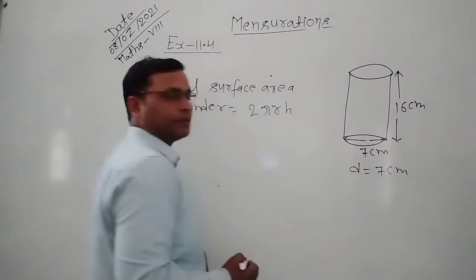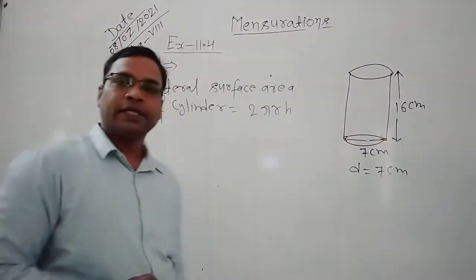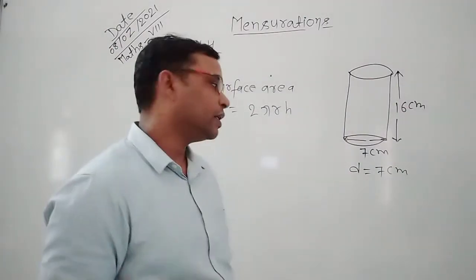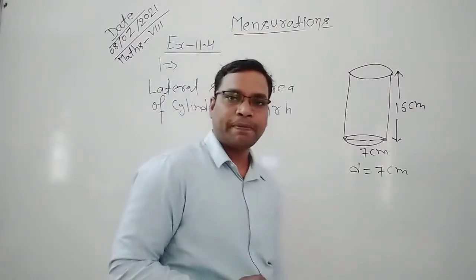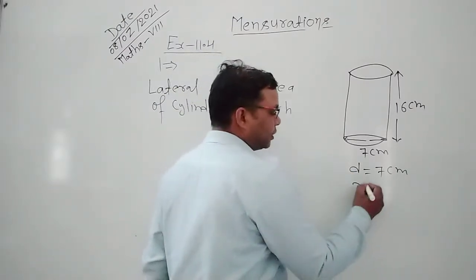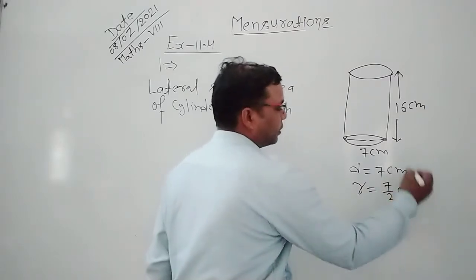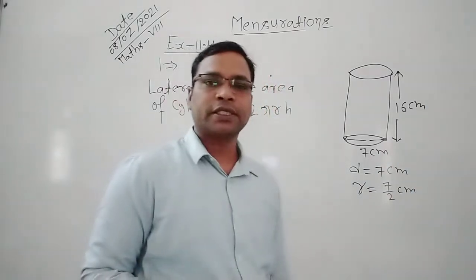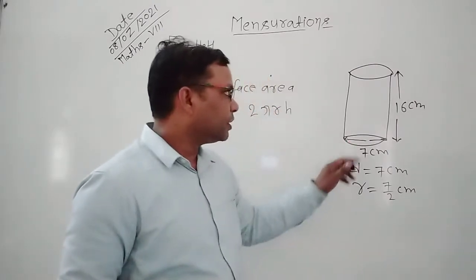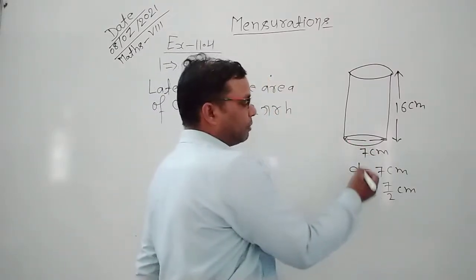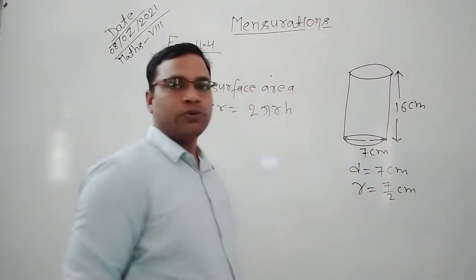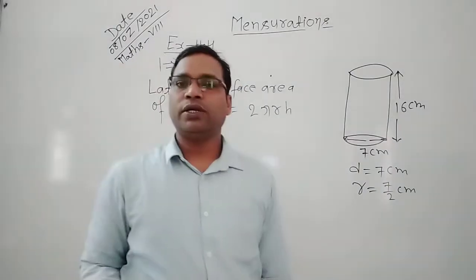So R is equal to what? R is the radius, and the radius is half of the diameter. So R is equal to 7 by 2 centimeter. This is clear? This is the diameter and the radius is half of the diameter. So the radius of the cylinder is 7 by 2.